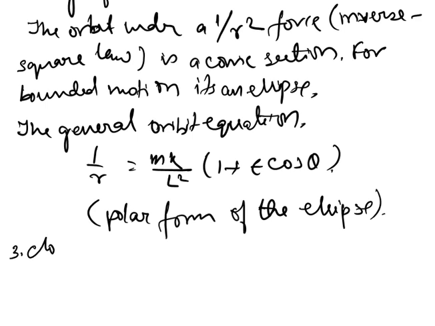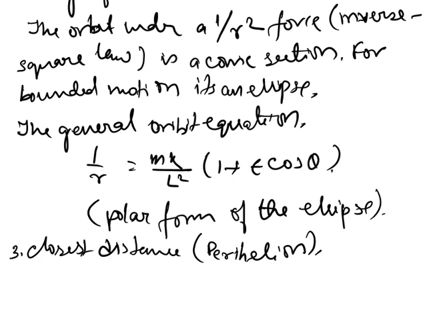So the closest distance, perihelion. At theta equal to 0 we have cos theta equal to 1, right?